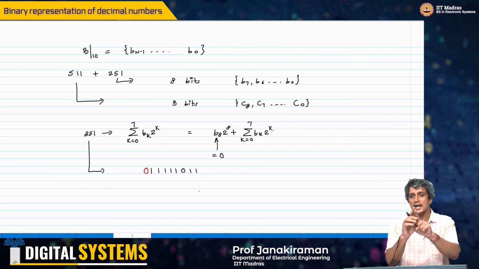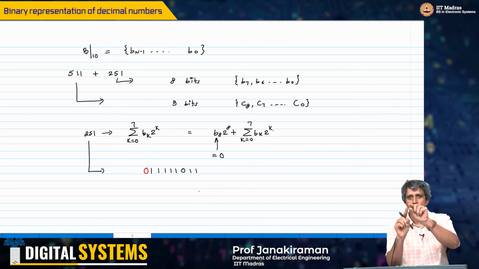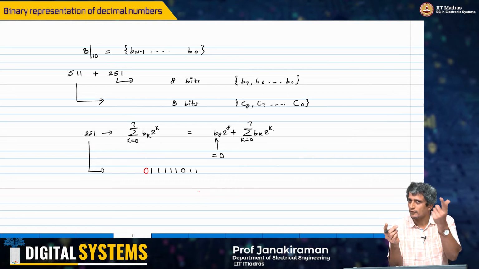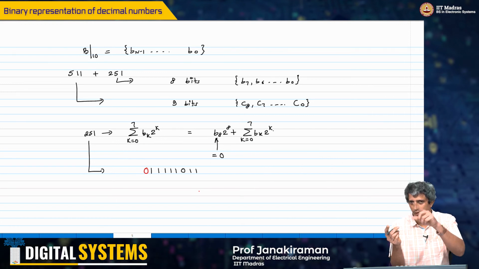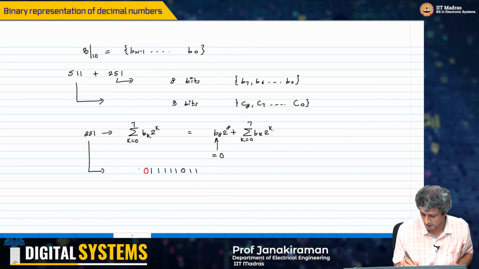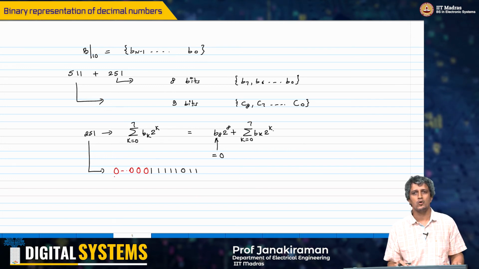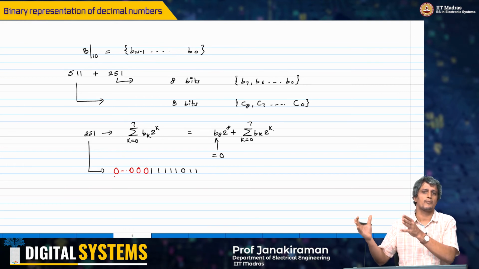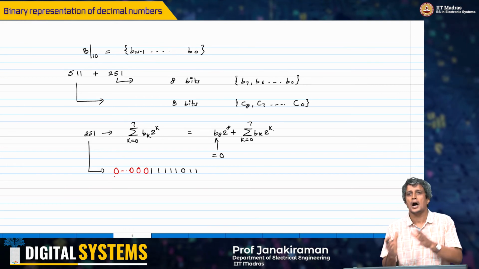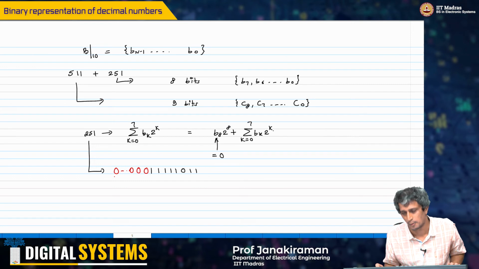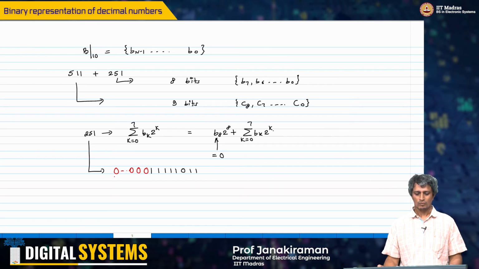If you have the number 10 in decimal and add a 0 after it, it will become 100. But if you have a 0 before 10, the number will be 010 where the value does not change. So I can add any number of zeros before, in order to convert a lower bit representation number to a higher bit representation number.